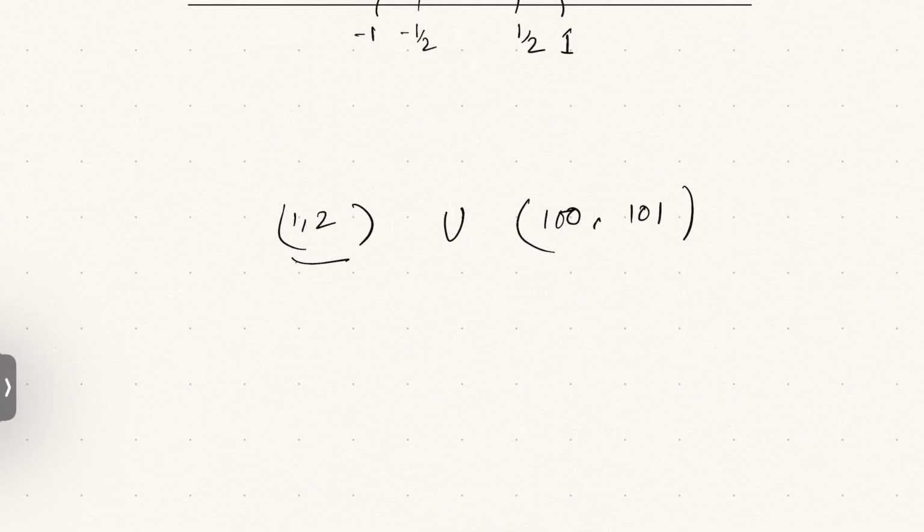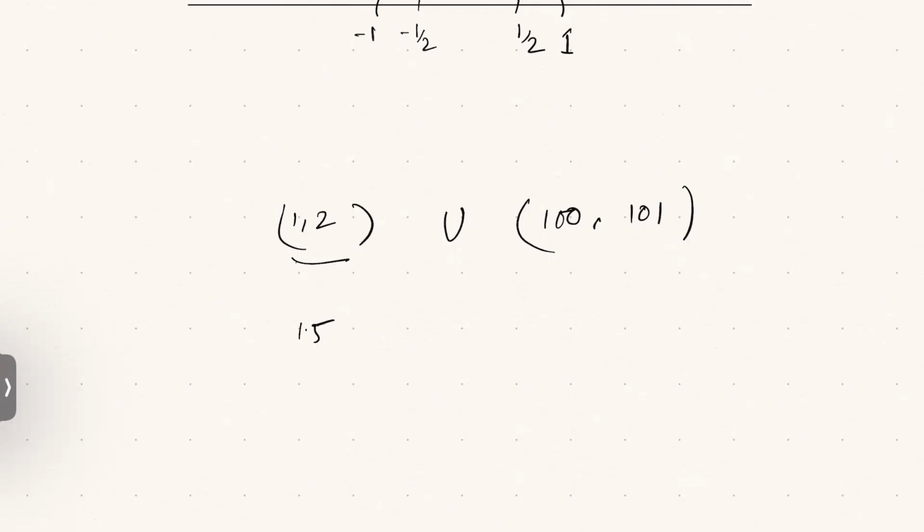Because what is the definition of an open set? We need to consider every element, and if we can find a neighborhood of that element that is contained in the set, then definitely that is an open set. So let us consider an element in the set (1, 2), which is 1.5. Can you construct an epsilon neighborhood which is contained in this union?